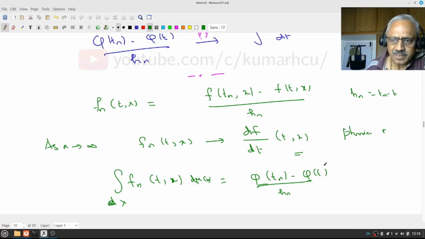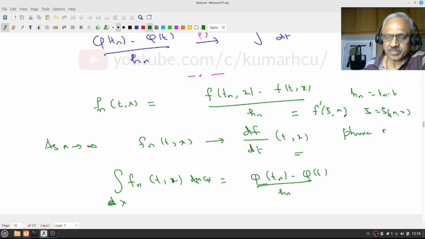Whenever you see such a difference quotient, you should remember the mean value theorem. This is nothing other than f dash of some xi at x, where xi depends upon n and also x. But let's not worry about it. If I have a domination for this, I'll be happy.